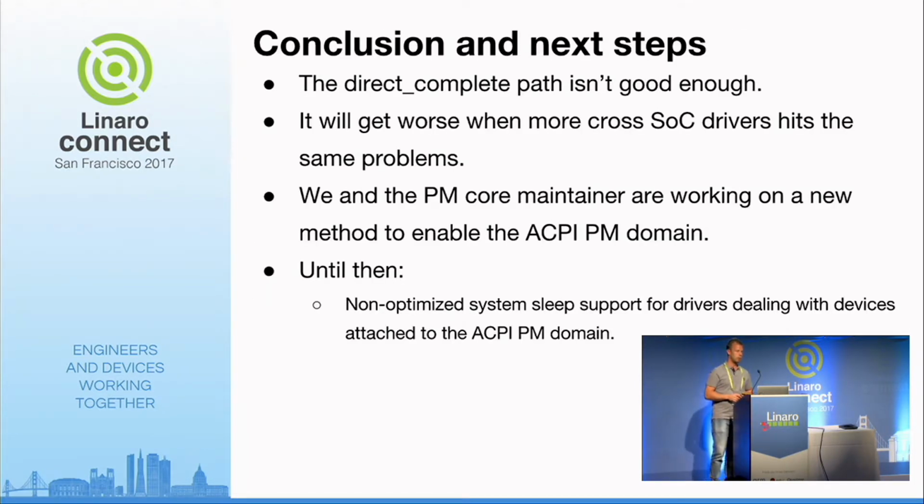Yeah, we concluded on some of the next steps we wanted to take. But I think more importantly, we also concluded that the direct complete class that Raphael invented a while ago isn't good enough. It's too complex and it doesn't really do the job very well. However, it's already there, so it might be a little bit tricky to remove it. But yeah, in the end, we want something that is better than that.